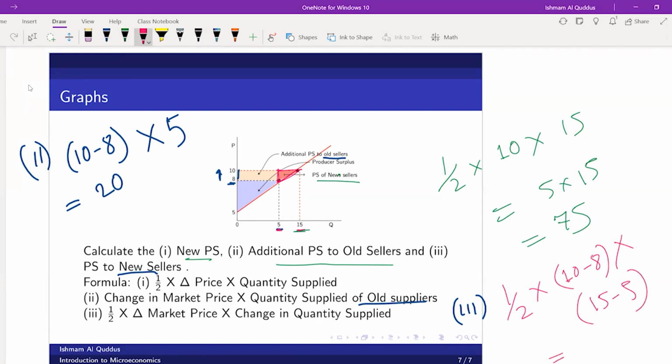So we are looking at this part only. This is half multiplied by 2 multiplied by 10, which should be 10, right? So the producer surplus of the new sellers is equal to 10.